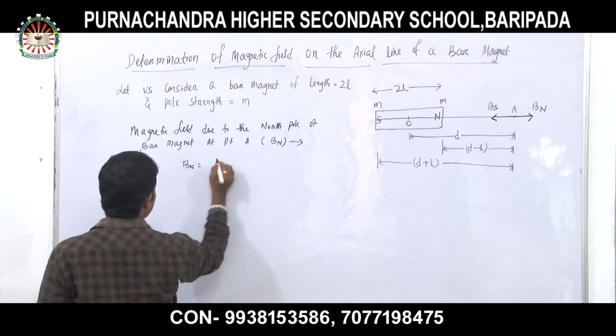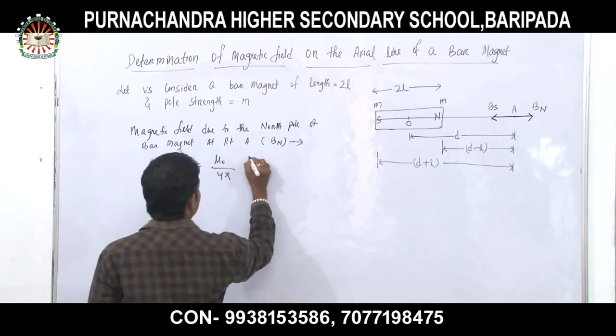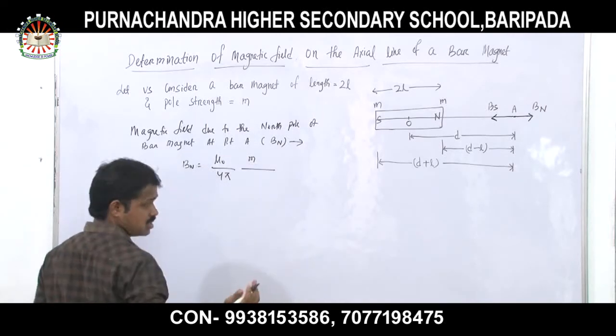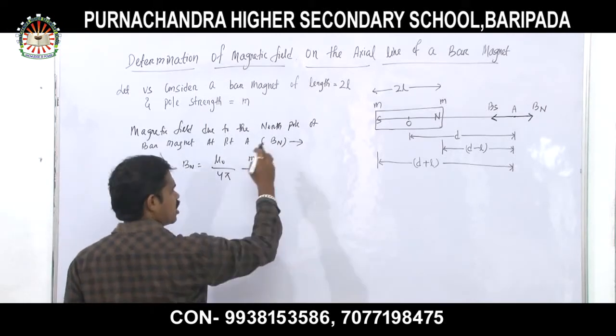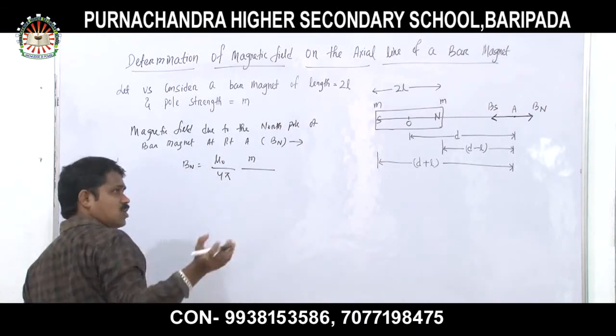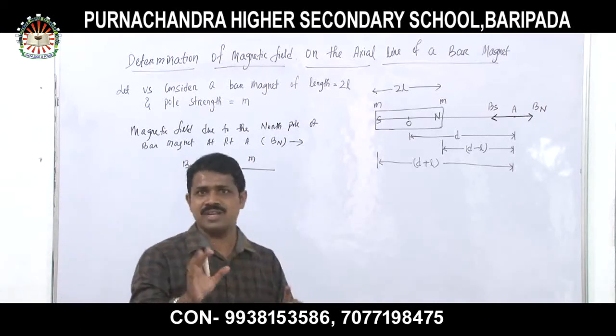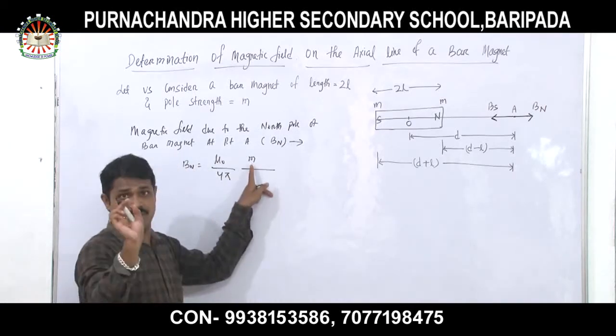Bn is equal to, we know the formula, mu0 divided by 4 pi, pole strength M divided by the distance squared. You can denote the pole strength as P also, so don't confuse with the notation; it is small m, remember.